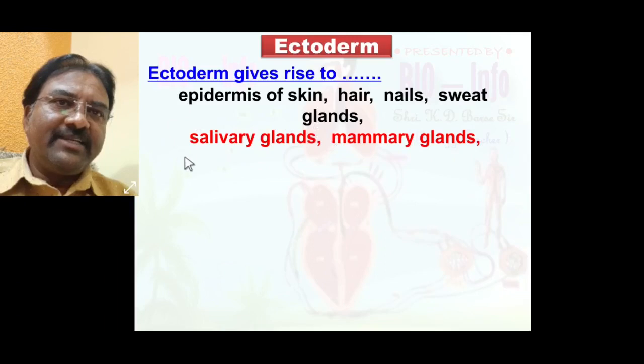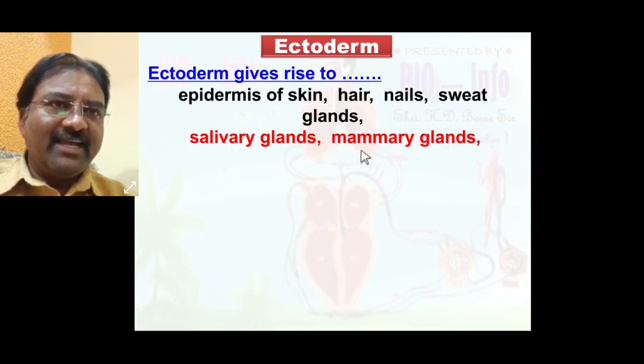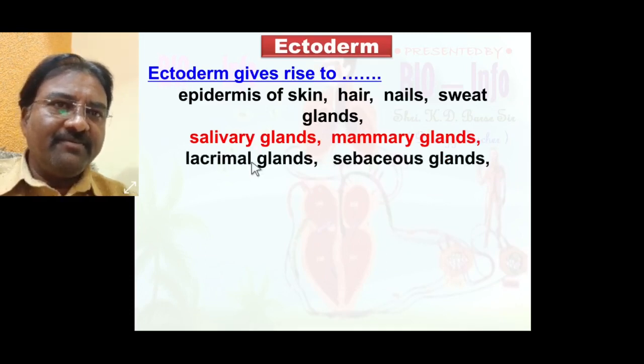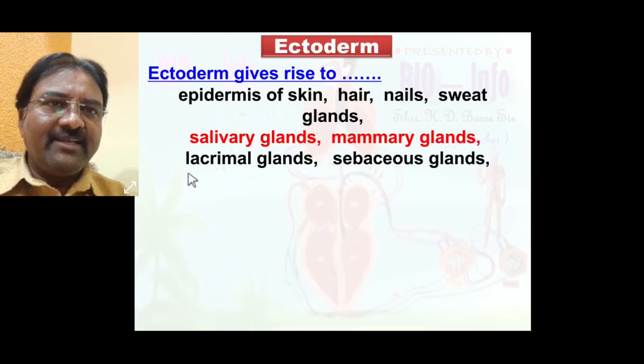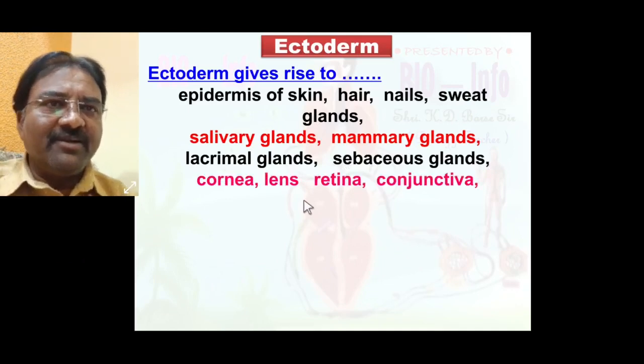The salivary gland is present in the mouth cavity. The mammary gland, a female reproductive accessory gland, secretes milk. So these two also originate from ectoderm. The lacrimal gland is present in the eye. The sebaceous gland is present in skin, also originating from ectoderm.